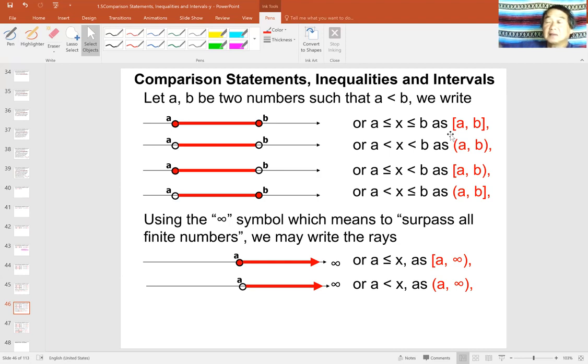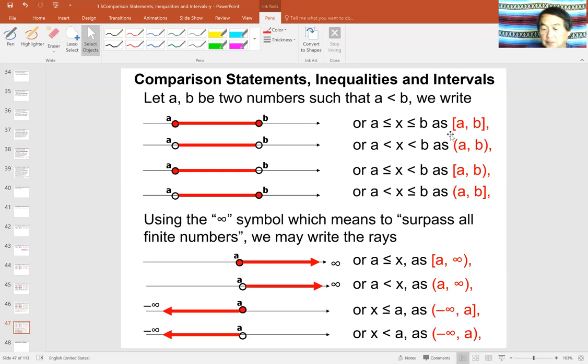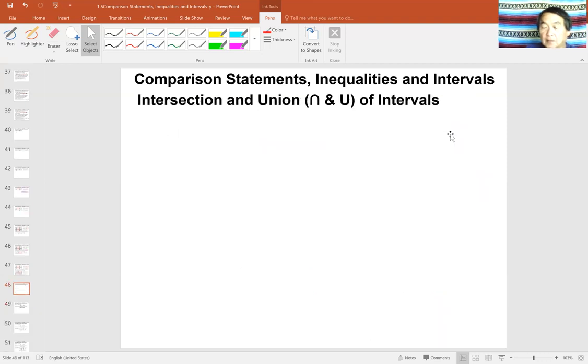It doesn't mean there's a signpost at infinity that you arrive at. Infinity means a process; it means keeps going. So it's not a number. What do we do with it?